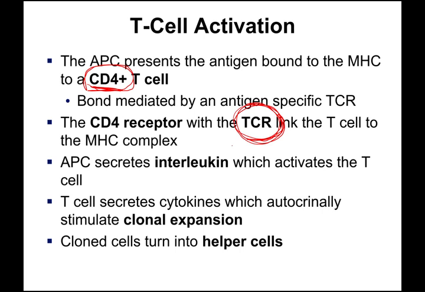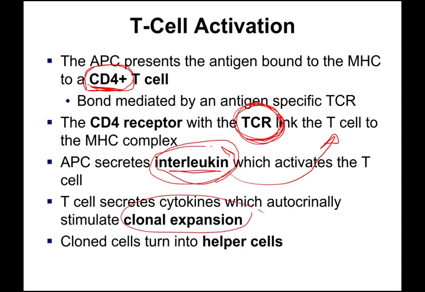This binding leads to the antigen presenting cell producing interleukin, the cytokines, which then stimulate the T cells that are bound to them through the T cell receptor to be activated and expand. So the cell that's bound to these antigen presenting cells will start replicating, getting more and more and more.